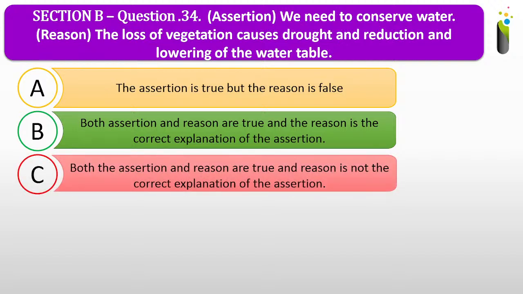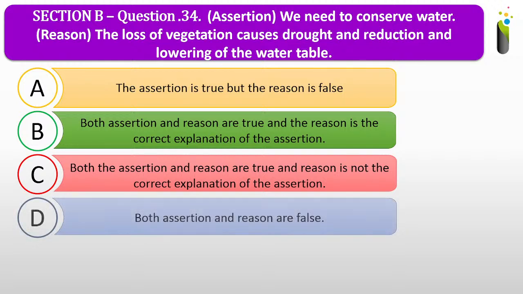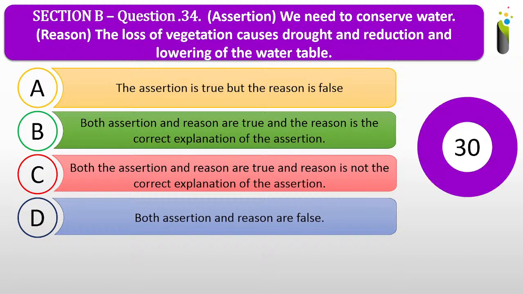C. Both the assertion and reason are true, and the reason is not the correct explanation of the assertion. D. Both assertion and reason are false. Think: assertion is we need to conserve water and the reason is the loss of vegetation causes drought and lowering of the water table. And your time starts now.